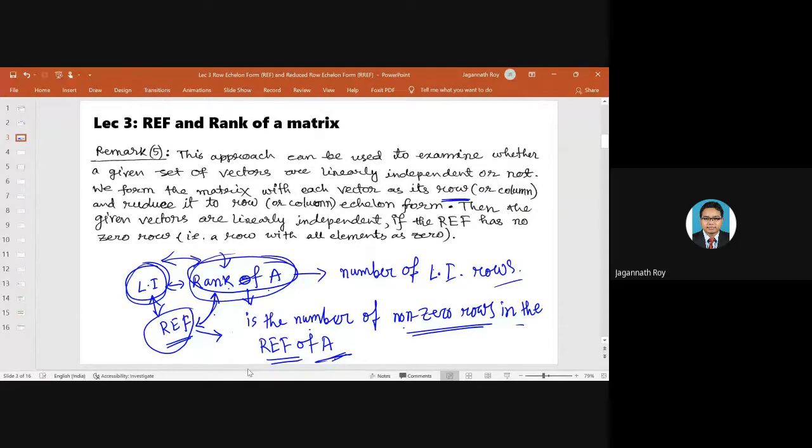This remark 5 says that the given vectors are linearly independent if the REF has no zero row.